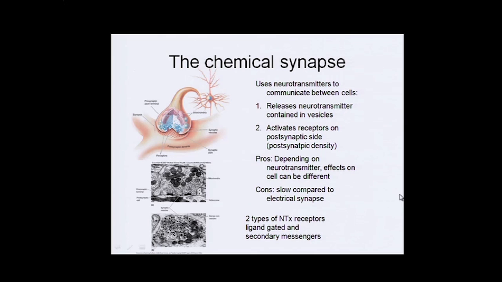There are two main types of neurotransmitter receptors. There's ligand-gated, where it's connecting directly with a channel, or there's secondary messengers, where it's starting a chain reaction that has some result.